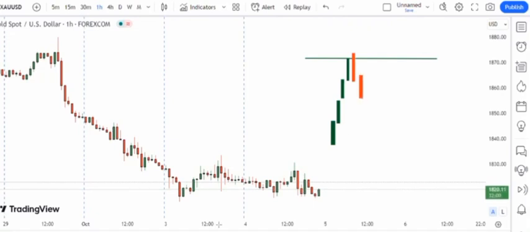And then let's say that's your signal, and then price decides to give you a retest. You have your retest, and then you receive a rejection. All right, so that would be your confirmation.